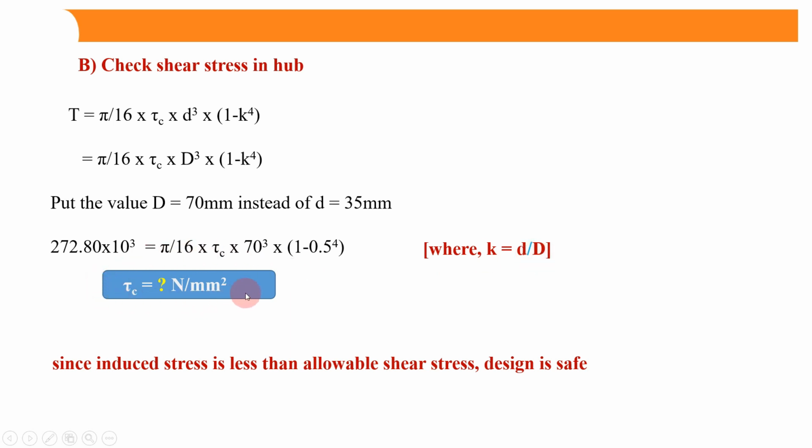The induced shear stress in the hub should be less than your allowable shear stress for safe design. Now see guys, this is the hub, so we need to compare the induced shear stress with which value? That is the shear stress value which is given for mild steel, because we are designing the hub.